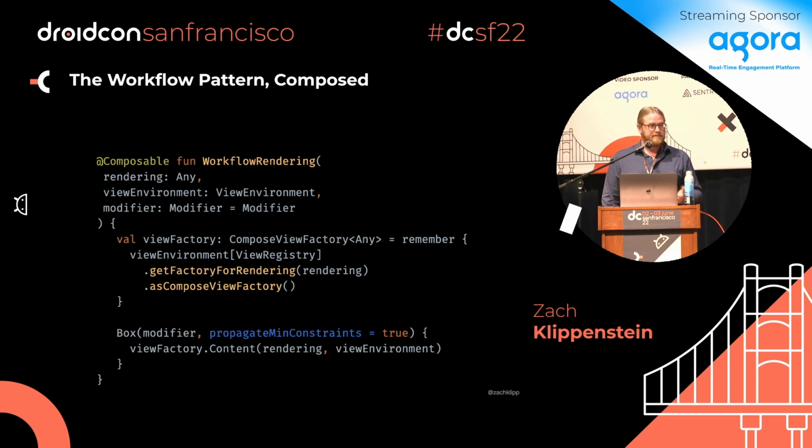It'll let its content be as small as it wants, and if that's too small for the minimum size, it will just center it in itself. But in this case, if the caller is passing a minimum size constraint down, they probably actually want the view factory's content to obey that minimum size. So we have to ask the box to pass it through.